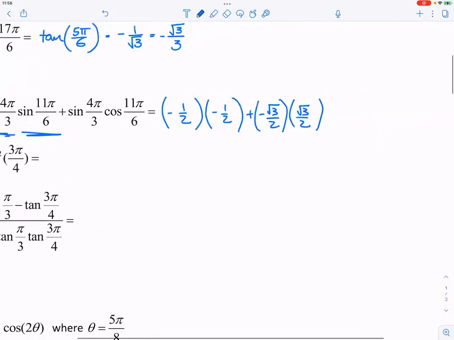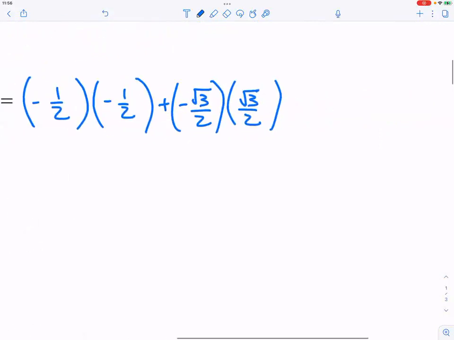And now you can go ahead and work on your multiplications. So negative 1/2 times negative 1/2 is 1/4. And then you have a minus because you have a plus and then you have a negative right here. And then root 3 times root 3 is 3. 2 times 2 is 4.